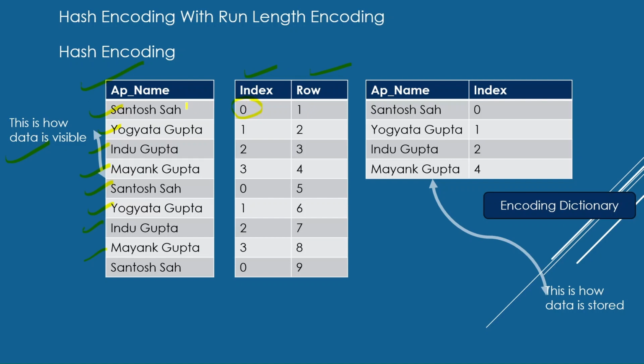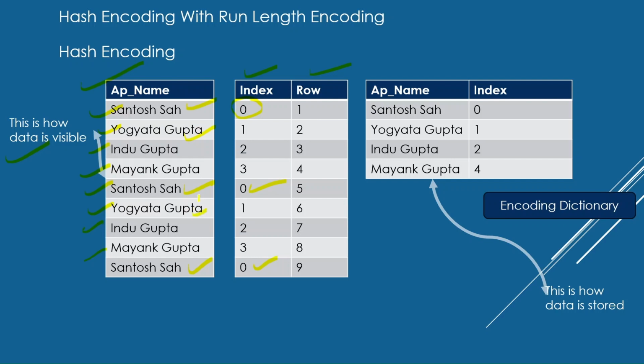Suppose this is Santosh, and this is a unique value. How many times is Santosh present in this column? 1, 2 and 3. So index 0 is assigned here, here and here. Let's discuss Yogita Gupta. Yogita Gupta appears twice, here and here.